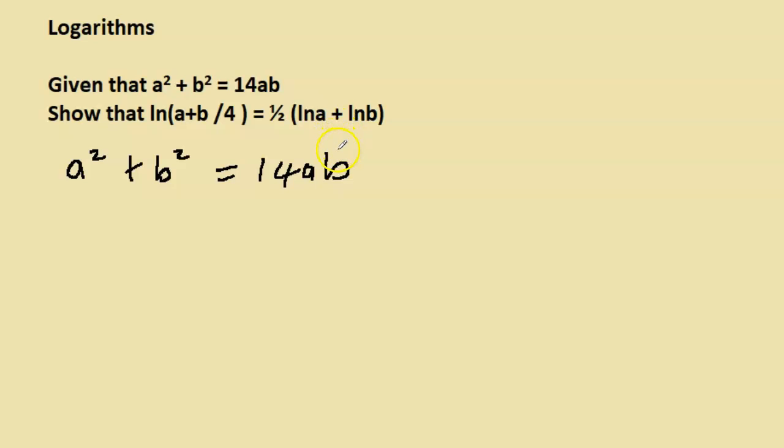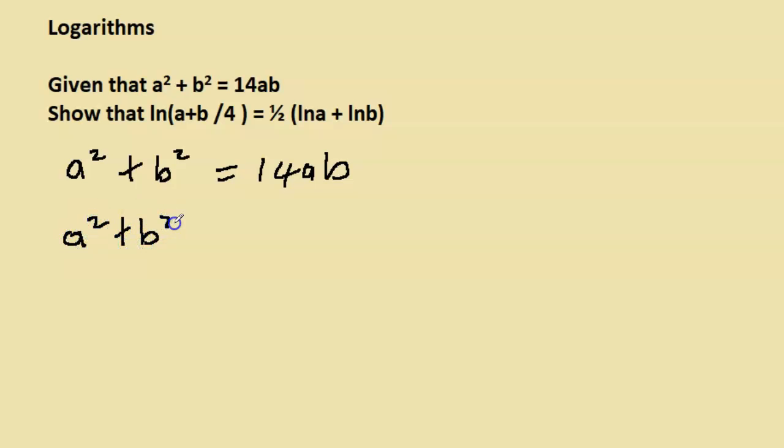Okay, so notice you want a plus b in the bracket. So it means therefore that we need to rewrite this as a perfect square. For this to be a perfect square, we can add 2ab to both sides.